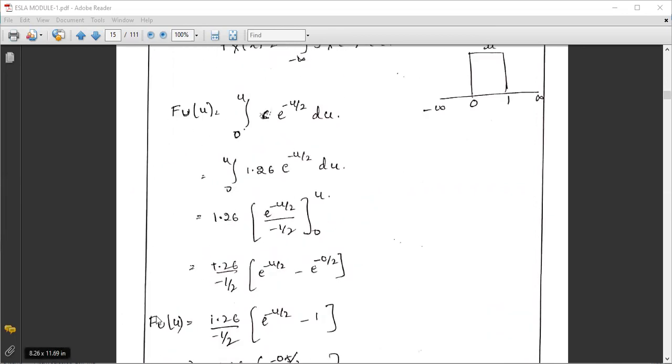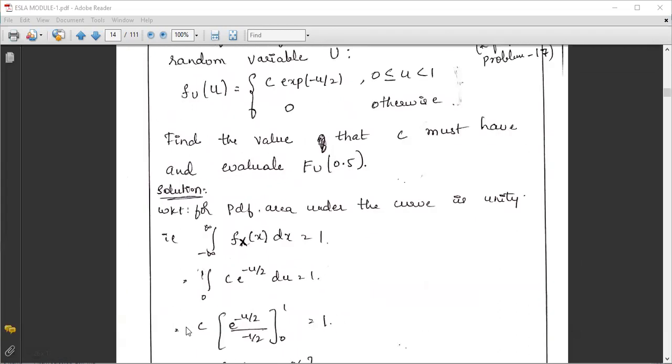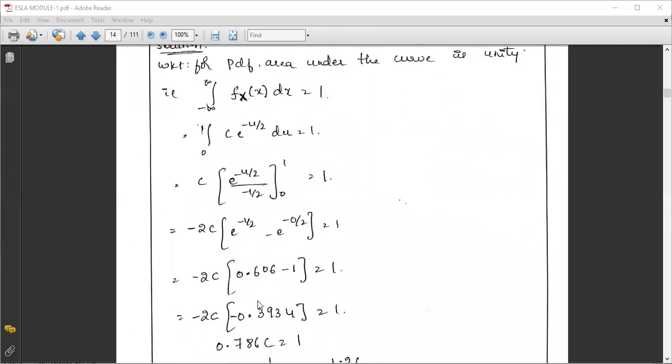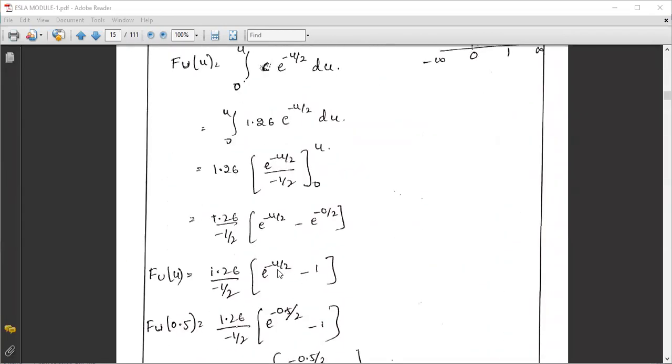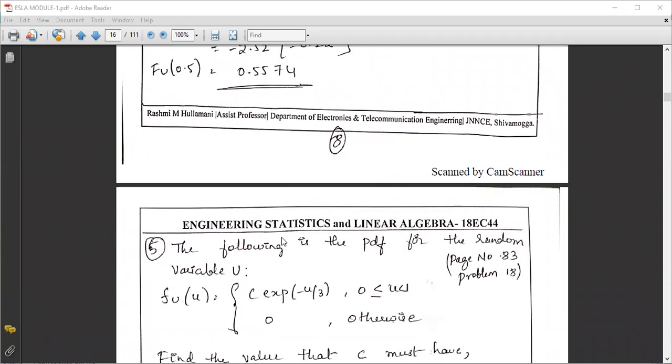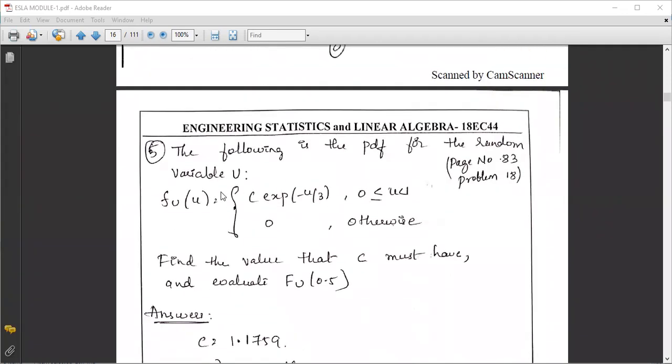This is an important problem, which already appeared in the model question paper. It is the same as the previous problem. The problem says the following is the probability density function for the random variable U: f_U(u) is c into exponential of minus u by 3.